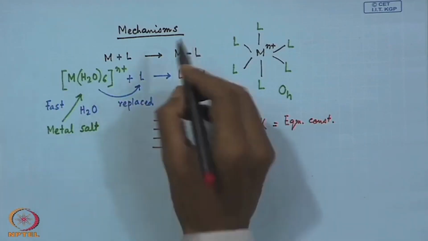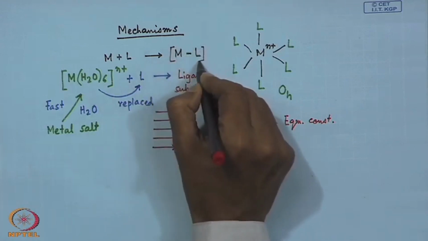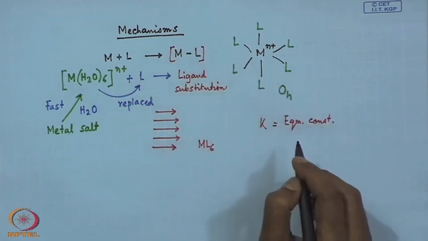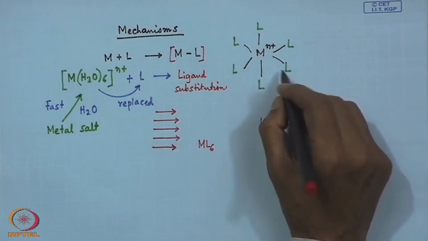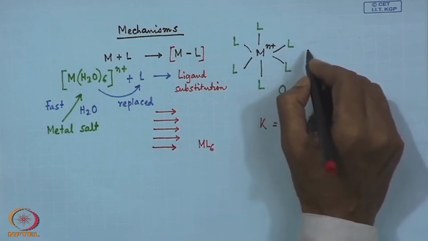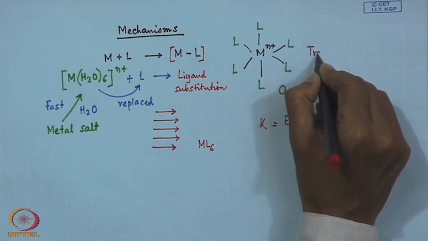That means we will find out the concentration of the metal complex formed, because in most of these cases, what we study in these octahedral complexes of M^n+ is the metal complexes of transition metal ions.